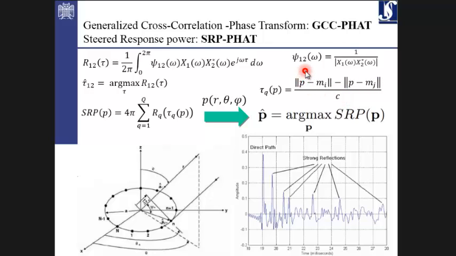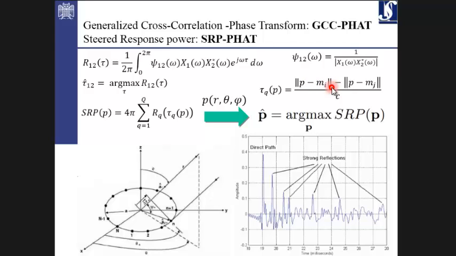In Cartesian vector-based coordinates, the distance from the source to microphone MI, for example the first microphone, can be represented as the norm of P, which is the location of the source, minus MI, the location of the ith microphone.